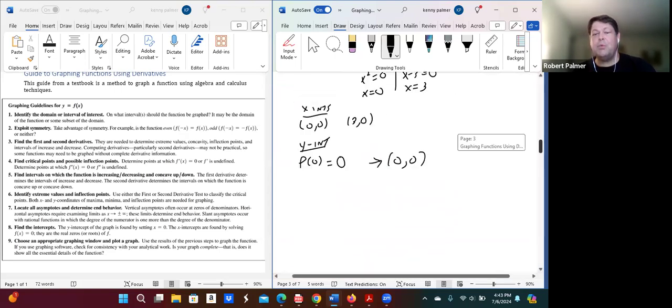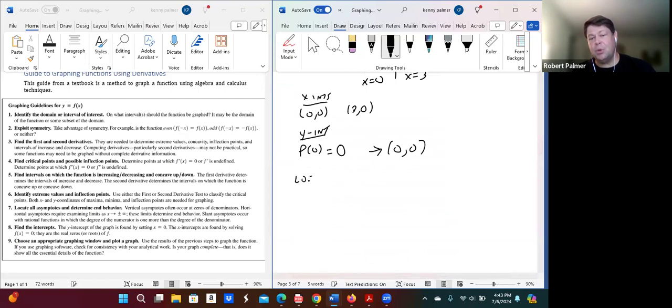Okay? And actually, one more thing we should do is our local maximum and minimum. Now, we know our local maximum is at x equals, I think it's x equals 0.